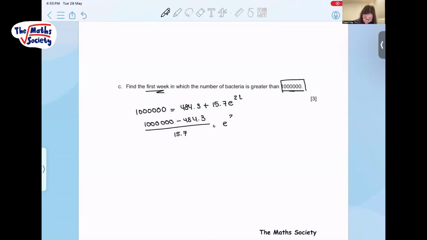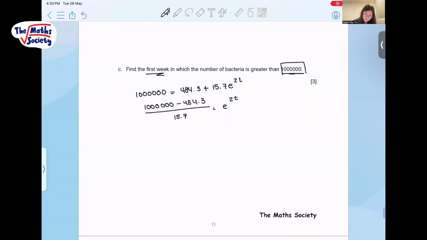And that's how you get e to the power 2t. You get 63691.828 equals e to the power 2t.